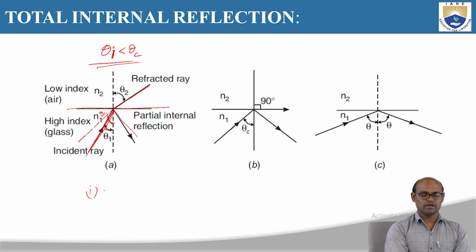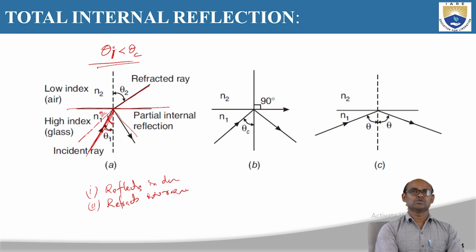First, part of the light reflects into the denser medium, and the other part refracts into the rarer medium. So the light splits into refracted light and reflected light, both.